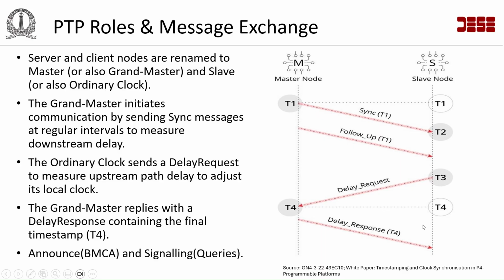Based on these timestamps, it will calculate the delay and offset and use it to adjust its clock. The two messages that are used in PTP are event and signaling. Event messages are used to determine the best clock in the network using the best master clock algorithm, and signaling messages are used to handle configuration queries and management.